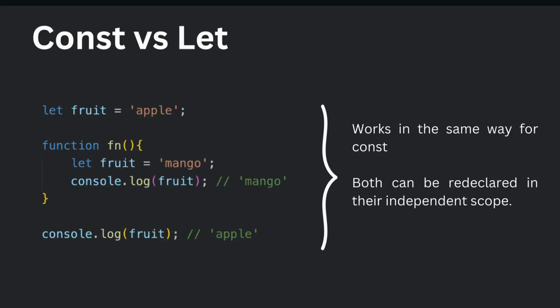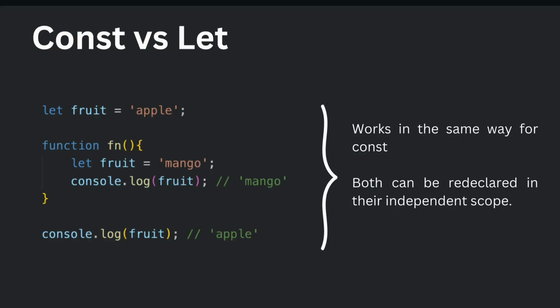Second thing, suppose we declare a variable let fruit equal to apple, and inside the function we redeclare it, let fruit equal to mango, and we console log both of these variables. We can see inside the function the value is mango, and outside the function the value is apple. This works the same for const also, because we can redeclare these variables inside their own independent scope.